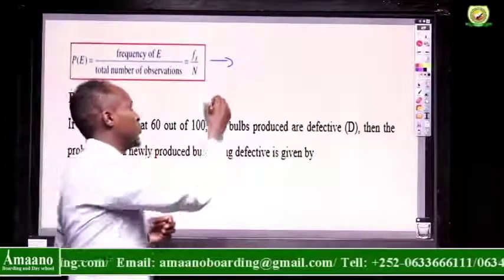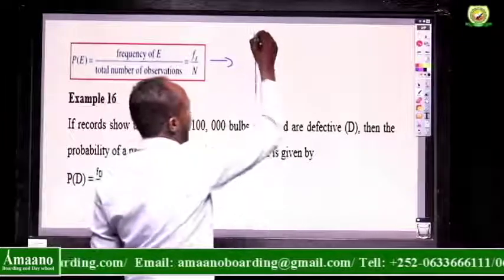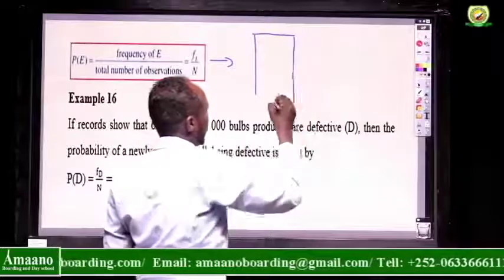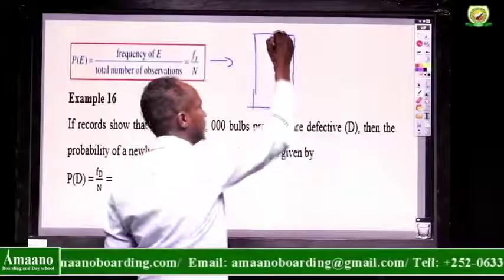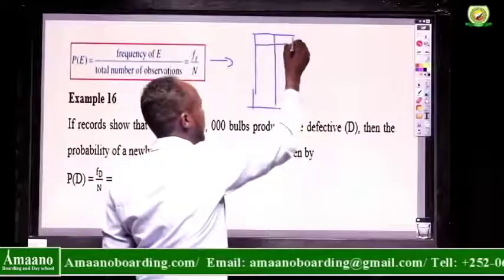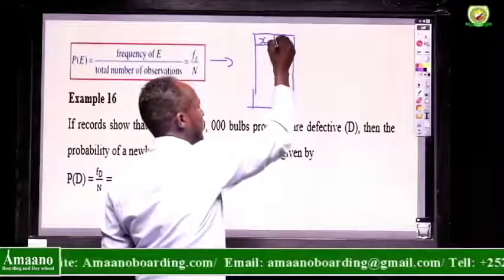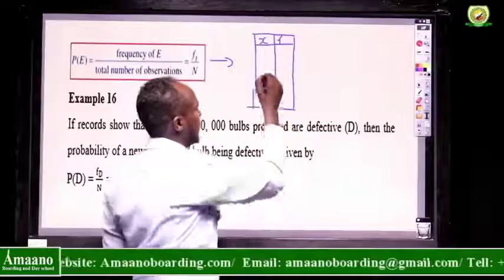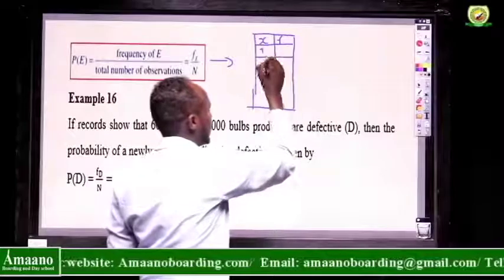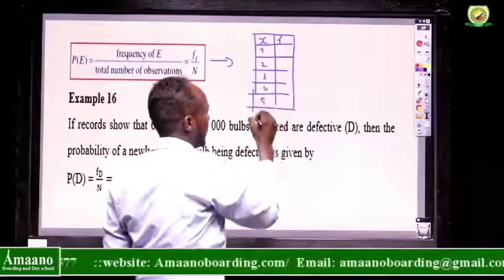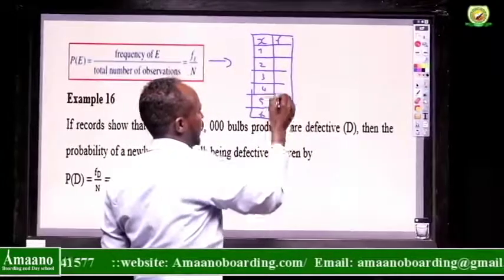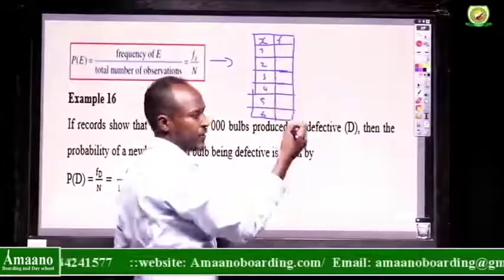Suppose we are given that a die is rolled 10 times, and the results are recorded in this table. This is the score, and this is the frequency, the number of times the die shows 1, 2, 3, 4, 5, and 6. It was tossed 10 times.